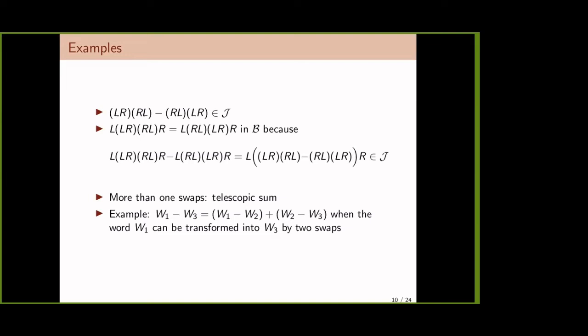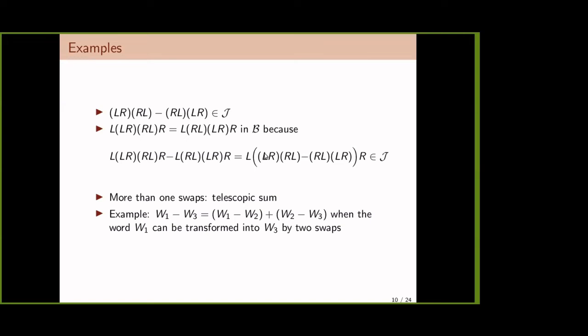So I just have an example here, not a concrete example because it would be confusing. Let's say I transform word W1 into first W2 and then W3 by swapping something inside the word. Now I can write W1 minus W3 as the telescopic sum. So I'm doing one swap at a time. And all of these generators of J look like swapping words.